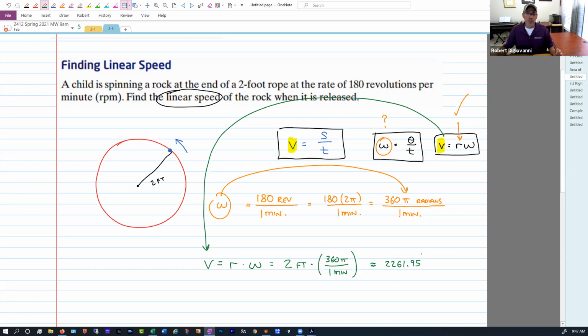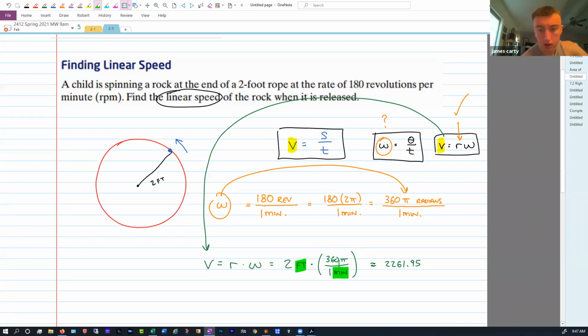And then what are my units? Because this is a speed, this is a velocity. What units were still here? Radians per minute? It would just be minutes, right? I still had the 2 feet, right? So it would be feet per minute, or feet over minutes.